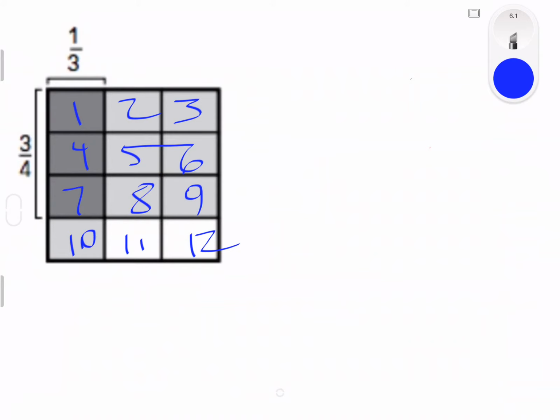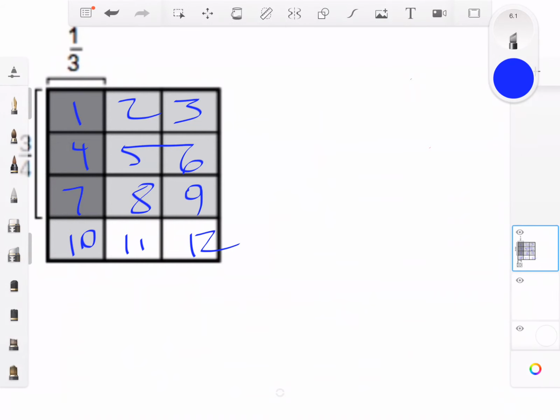Then it says, the dark gray parts show 3/4 of 1/3. What fraction of the whole is 3/4 of 1/3? So let's take a look at this. We will get the numbers out of the way again.